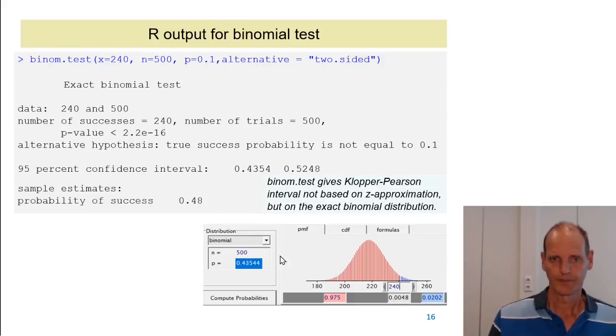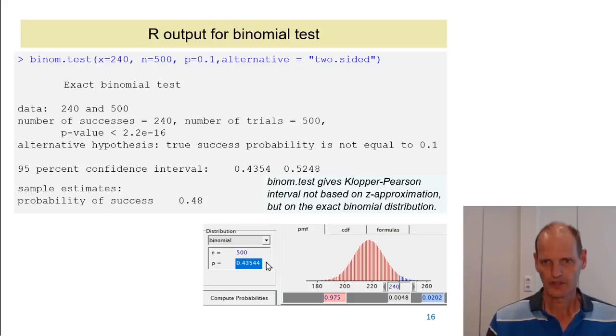What this means is that if we had a success probability of 0.4354, and we would like to test whether this could be true, then we would find exactly a two-sided p-value of 0.05. The one-tailed p-value is 0.025.